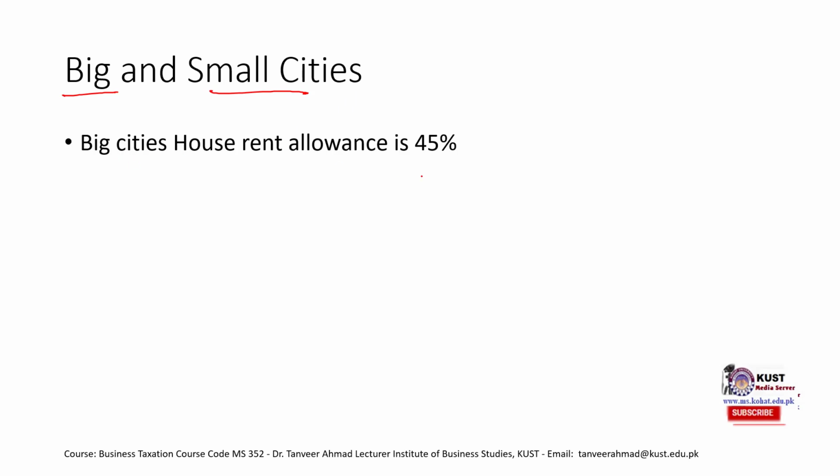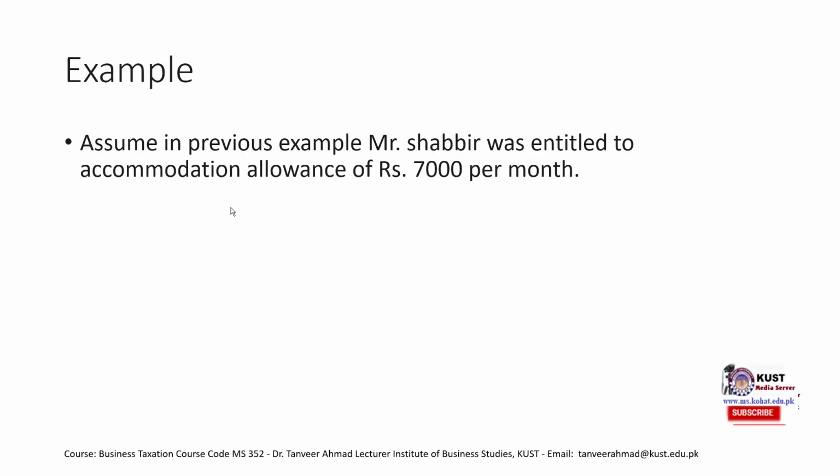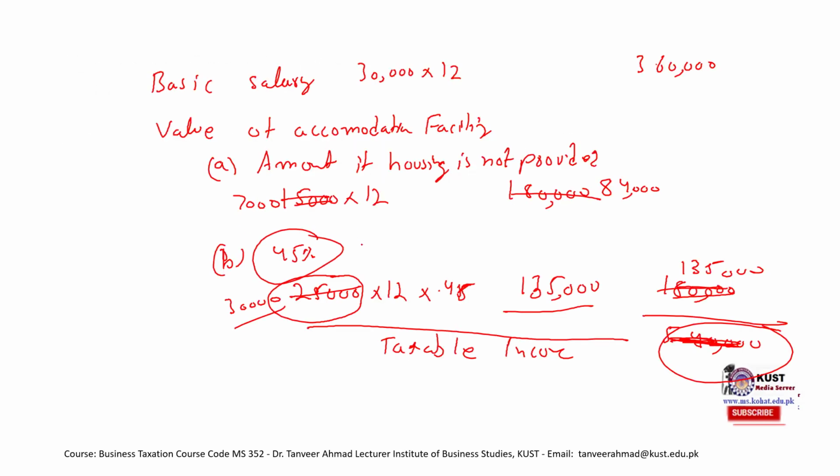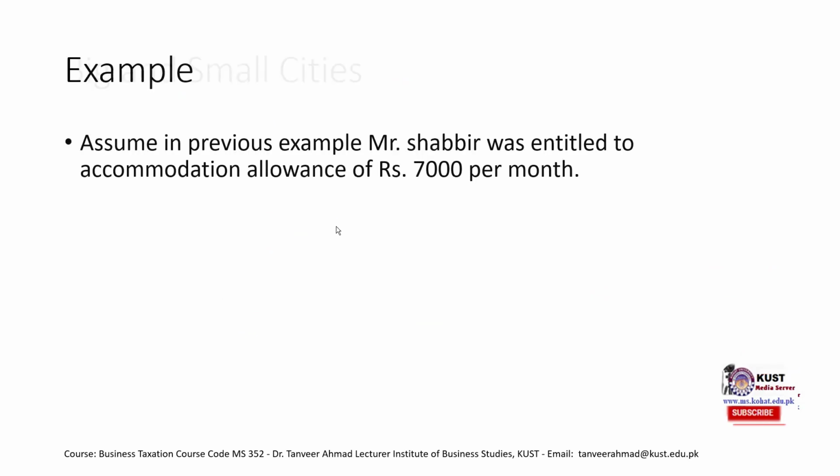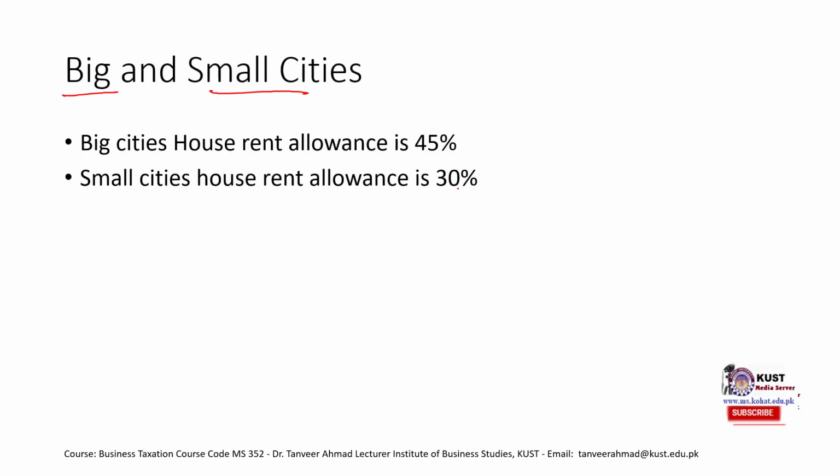So simply you need to understand that the rule of 45% that we discussed assumes that the employee is in big city, right? If the employee is in big city, then we would use 45%. If it is mentioned that the employee belongs to a small city, then instead of 45%, we would use 30%, right?